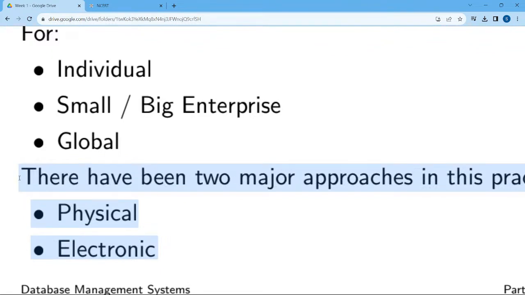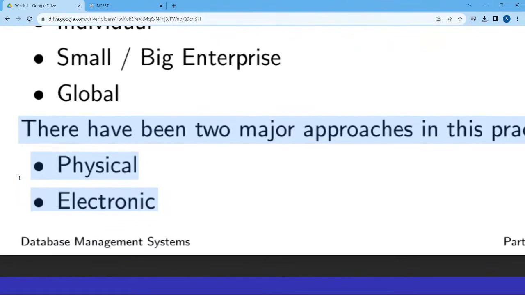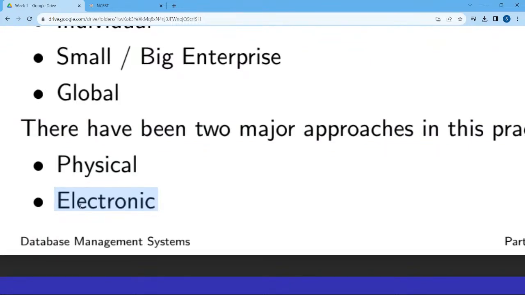The physical way is writing into logbooks, writing everything up in a book, on paper, using pen, pencil, or anything that you are comfortable with, or that is economically viable at that particular time in history. Recently, we got introduced to the electronic section too. That is the one on which DBMS is based.